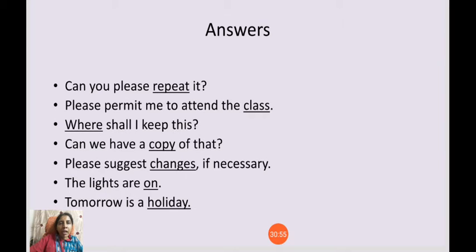Can we have a copy of that? Please suggest changes if necessary. The lights are on. Tomorrow is a holiday. So, note down the answers.